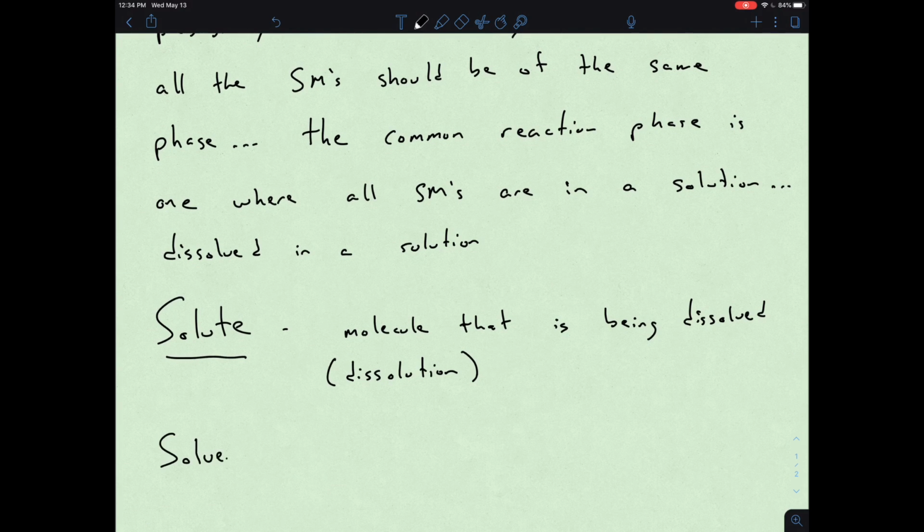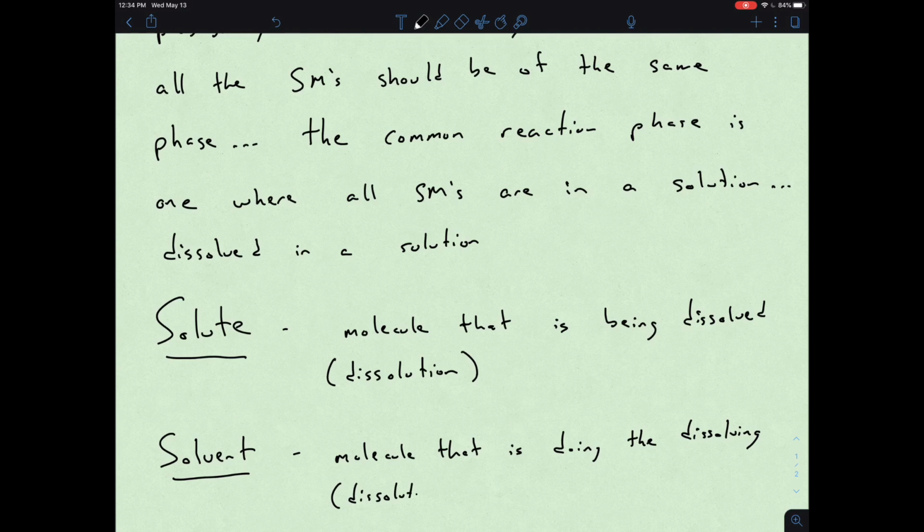And then you have the solvent, which is the molecule that is doing the dissolving process, right? The dissolution process. So those are the two components that we have.